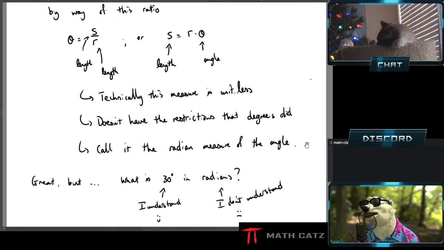But it doesn't quite make sense yet, does it? It's great. Sounds wonderful. Okay, good. But if I think about an angle like 30 degrees, what is that in radians? What's the corresponding measure? Just like if I think about yards or miles or feet, it's great.